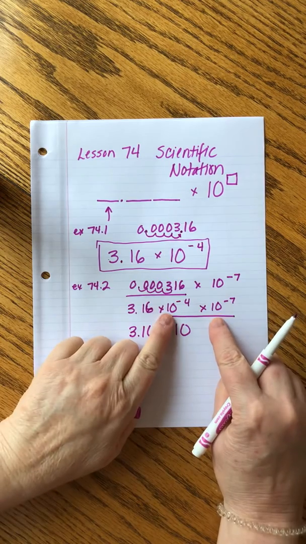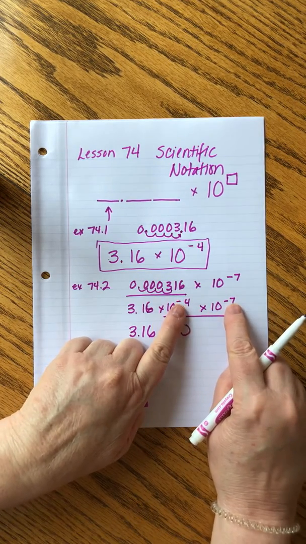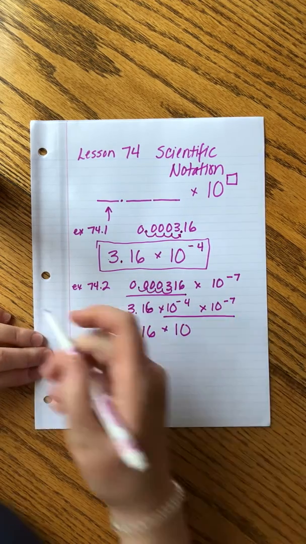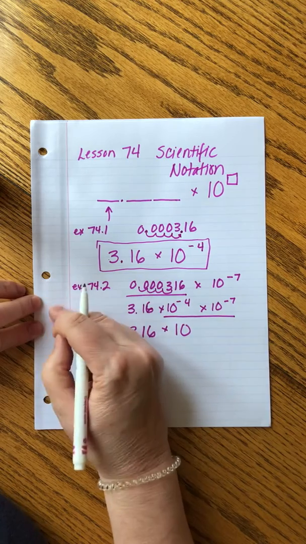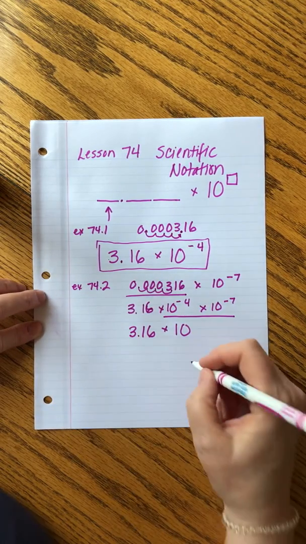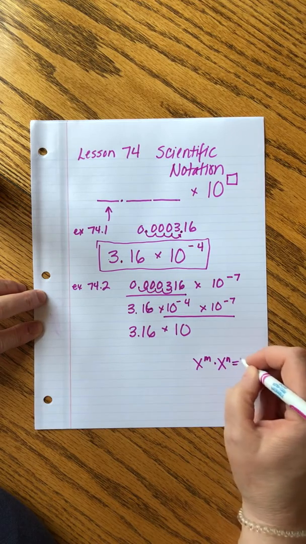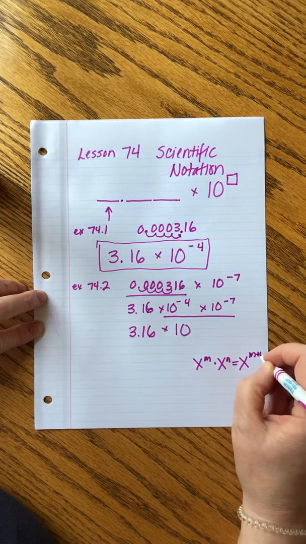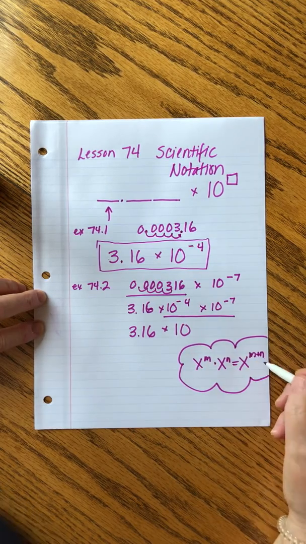Look, we've got matching bases that we're multiplying, and we have exponents on them that we'd like to combine. Oh, I think we have an exponent rule. X to the m times x to the n equals x to the m plus n. Does this sound familiar? Micah, did you write this in the sand in Hawaii? I hope so.